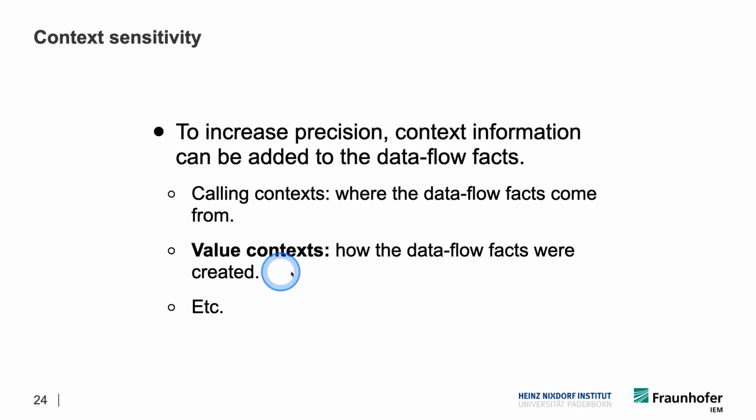But there's another concept called value contexts that does not actually attach call sites to data flow facts within these calling context strings. But it rather adds other information about values that the analysis computes with. And that tells you how the data flow facts were created and propagated through the program.